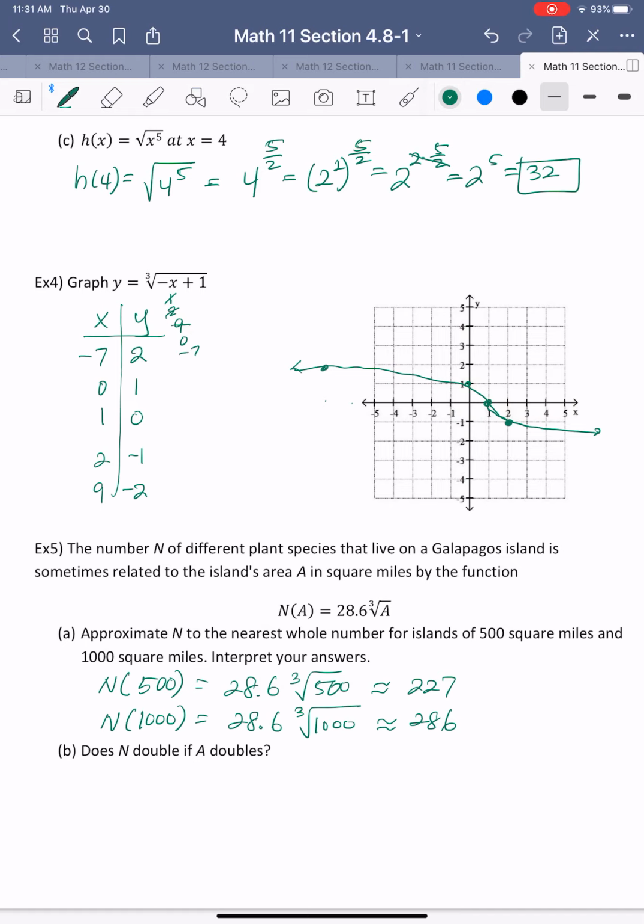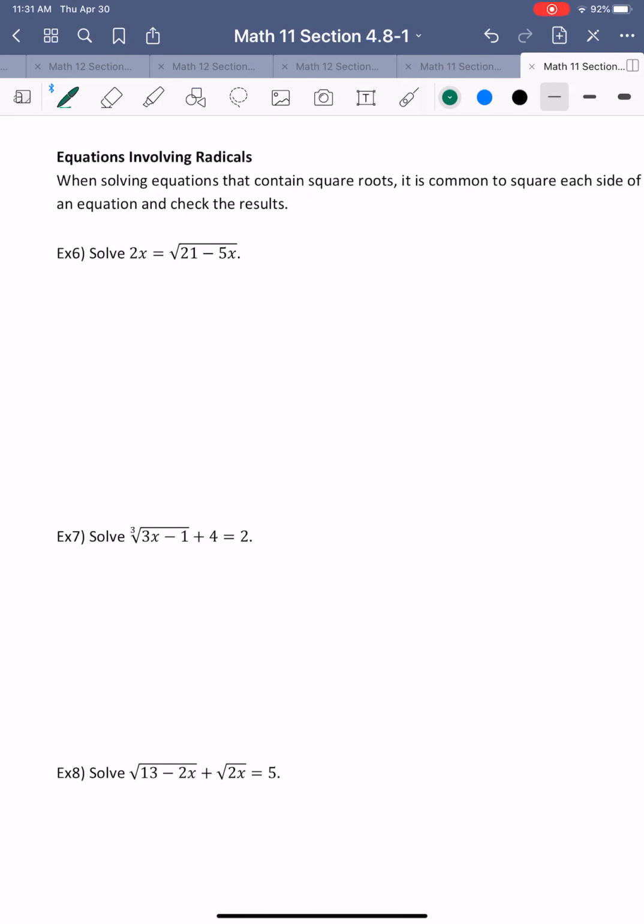So the area went from 500 to 1,000, which is double. But compared to the number of species n, 227 to 286, it's not double. So when the area doubles, it doesn't mean the number of species is going to double. All right, next page.